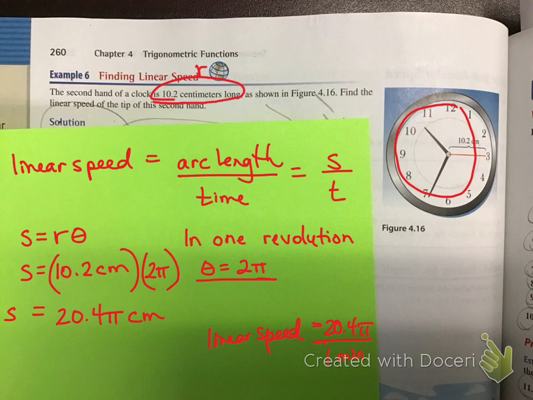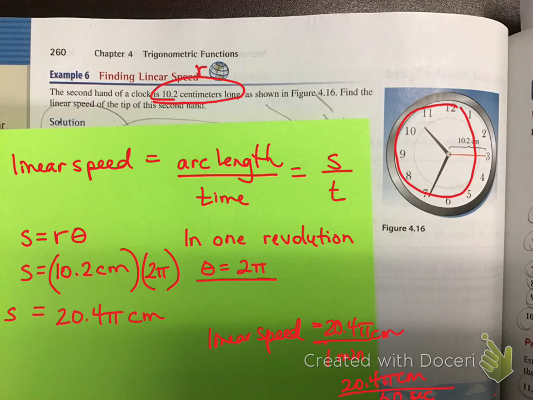So the linear speed is 20.4 pi divided by 1 minute, so 20.4 pi centimeters per minute, or 20.4 pi centimeters per 60 seconds. Oops, that didn't write for me there.